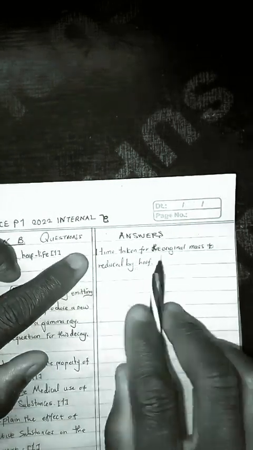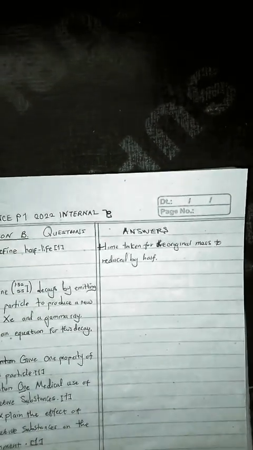So that's the key idea, the correct definition. Here we are saying the half-life is defined as the time taken for the original mass to be reduced by half. According to the space they were given in 2022, this definition can suit. So be mindful when defining: you need to check the space that you have been given.